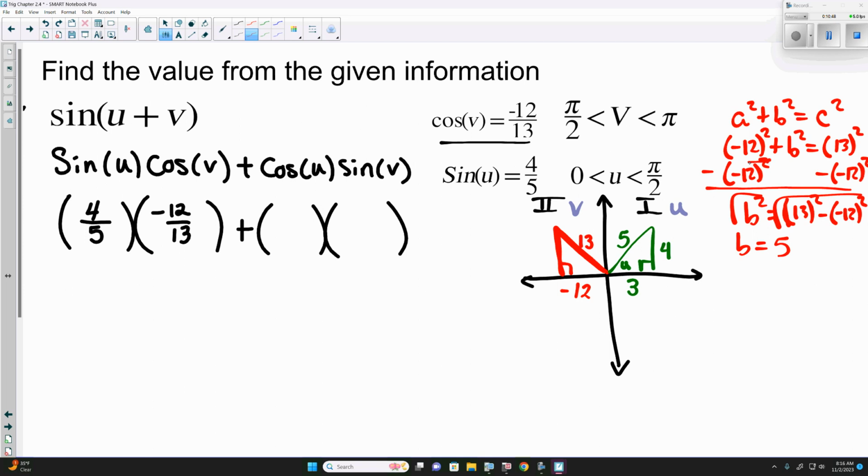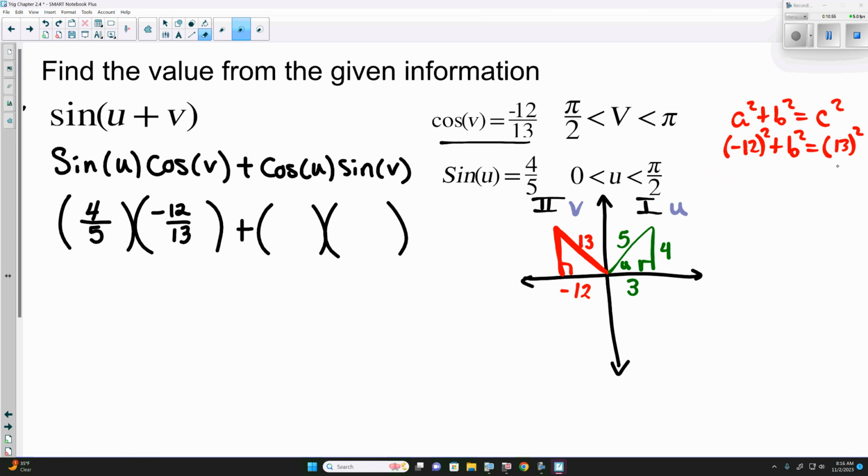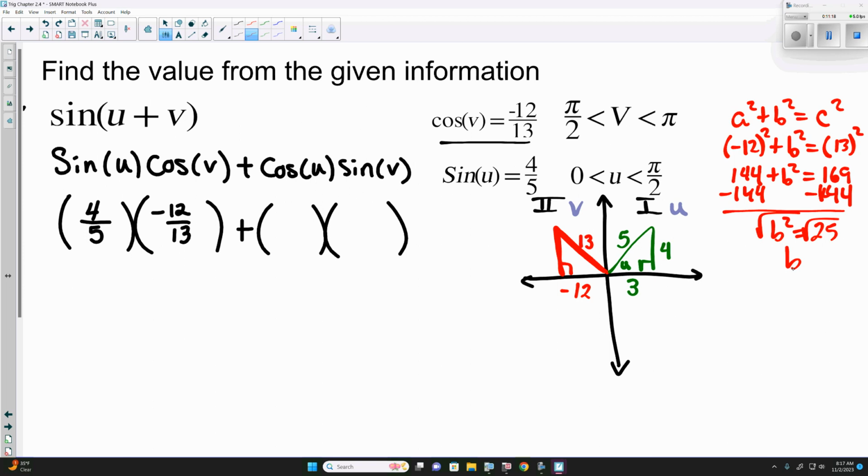Now the other option, if you erase all this here, is that I go on and square it. Square 12 squared, 13 squared, minus the 144, telling me that b squared is 25, square root both sides, b is 5.